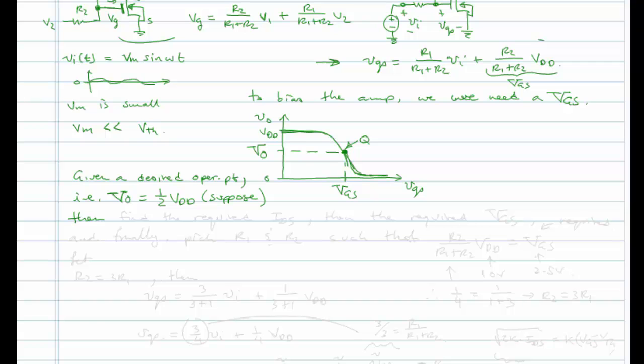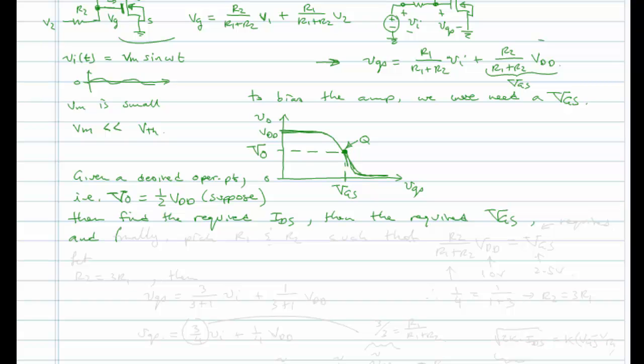Then find the required IDS to get that VO, then the required capital VGS to get that IDS, right?